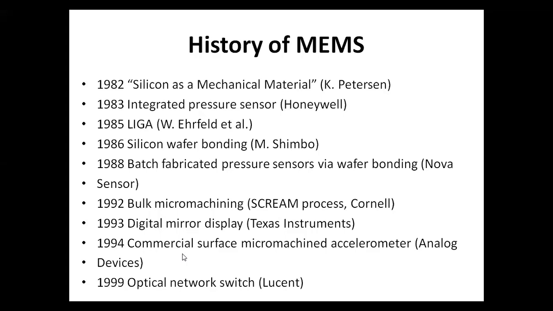1994, commercial surface micro machine accelerometer was developed by Analog Devices. So the first commercial micro machine accelerometer was actually produced, and it was brought to the market by Analog Devices way back in 1994. 1999, the first optical network switch was developed by Lucent.